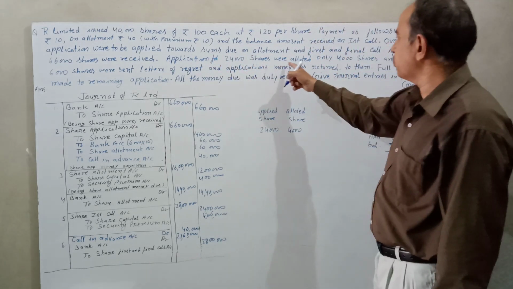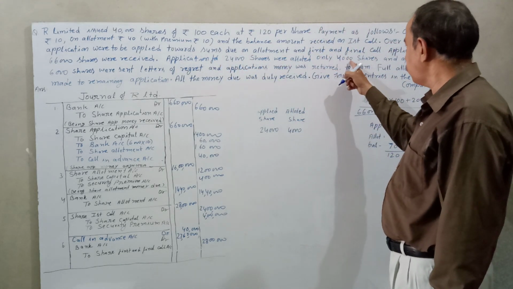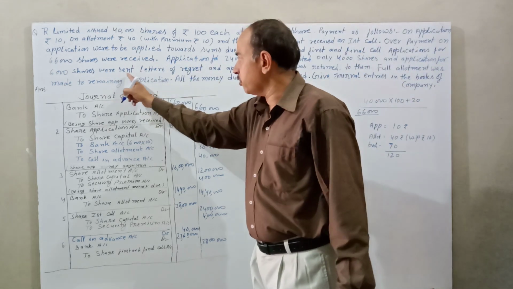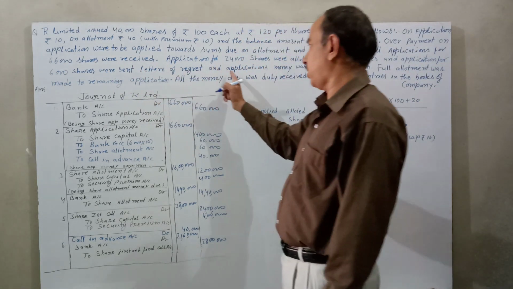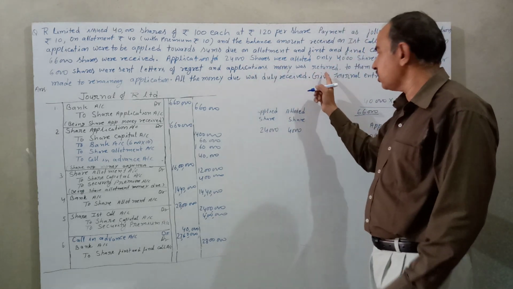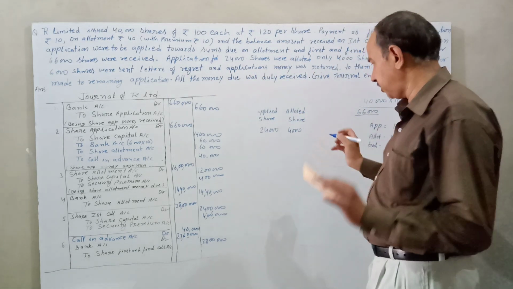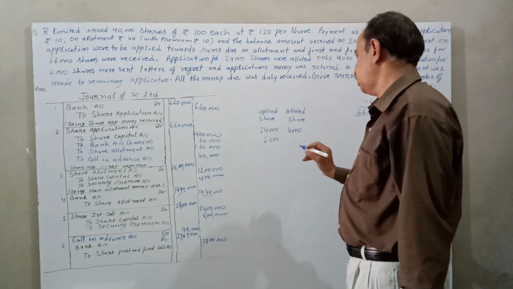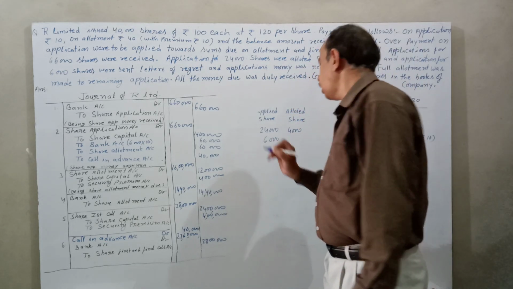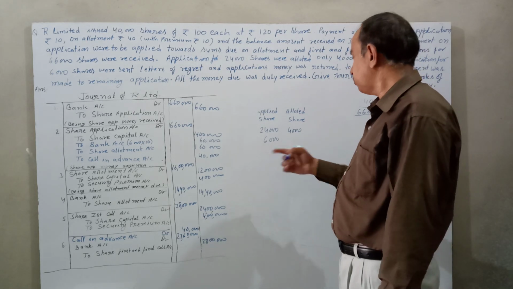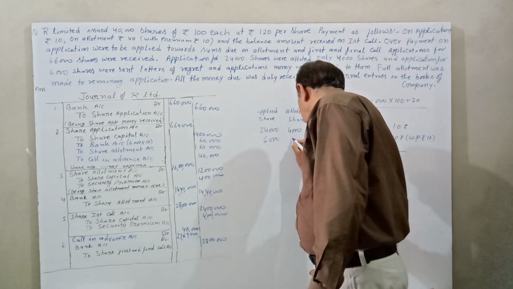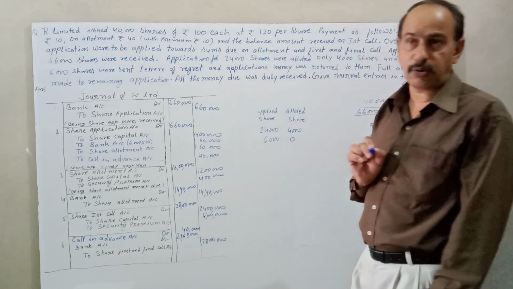Applications for 6,000 were sent a letter of regret and the application money was returned by the company. The 6,000 were applied for by the shareholders, but the company gave no shares to them.